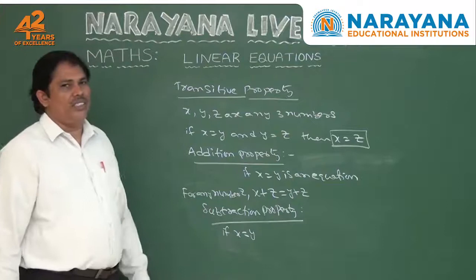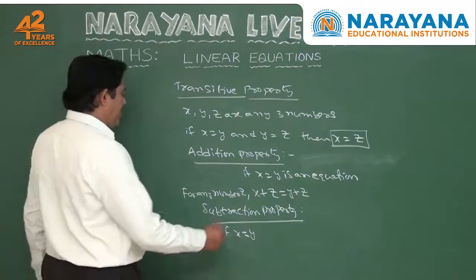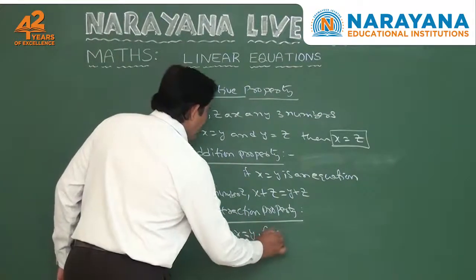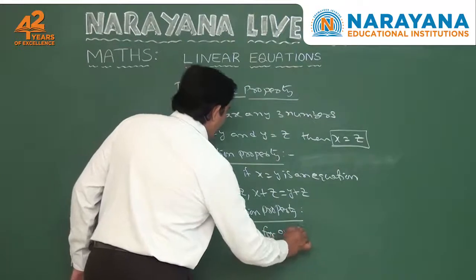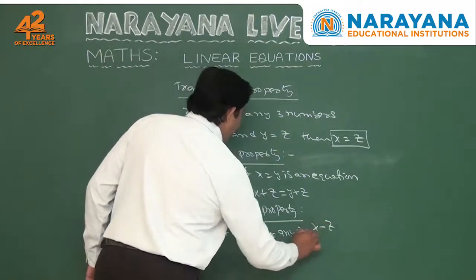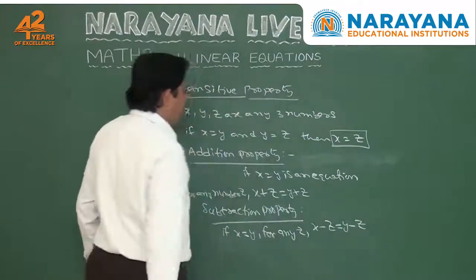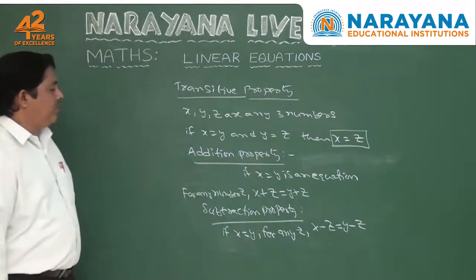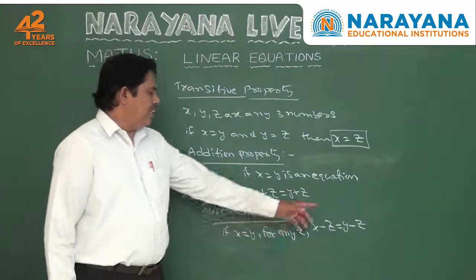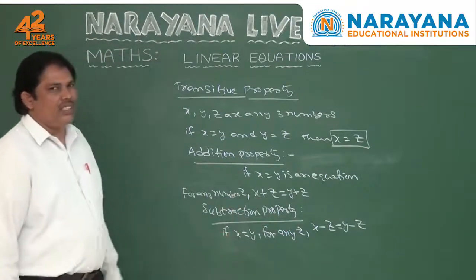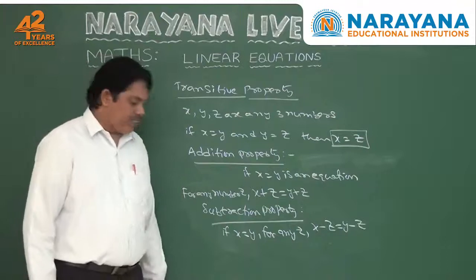If x equal to y, then for any z, x minus z equal to y minus z. This property is called the subtraction property.